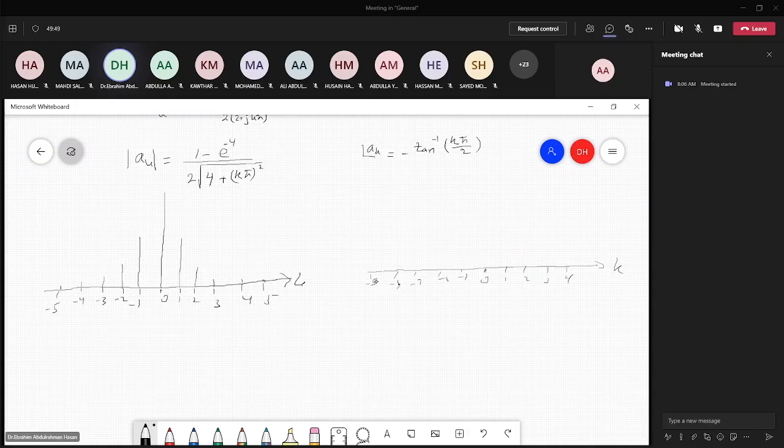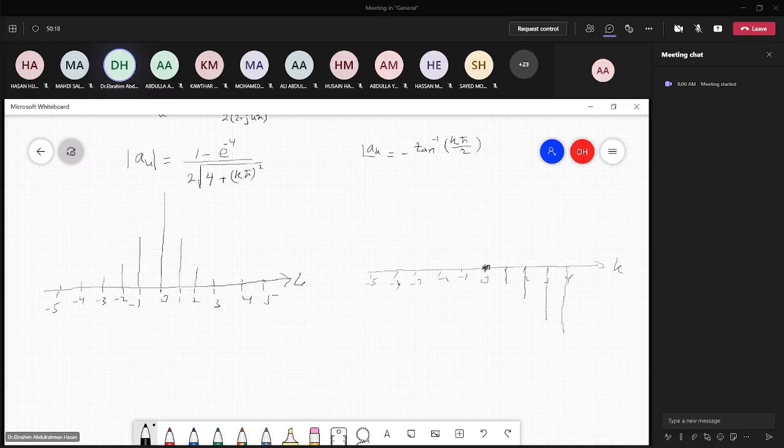Okay, when k is positive, at 0, tan inverse 0 is equal to 0. Then when k equals 1, it is tan inverse pi over 2. So you will get something here. At 2, it's going to increase a little bit. 3 is going to increase a little bit. 4 becomes a little bit higher.